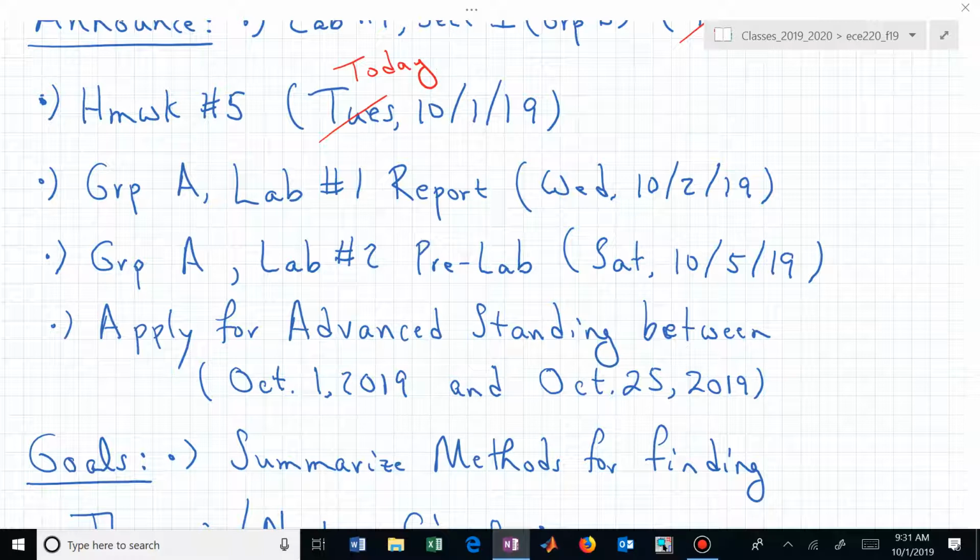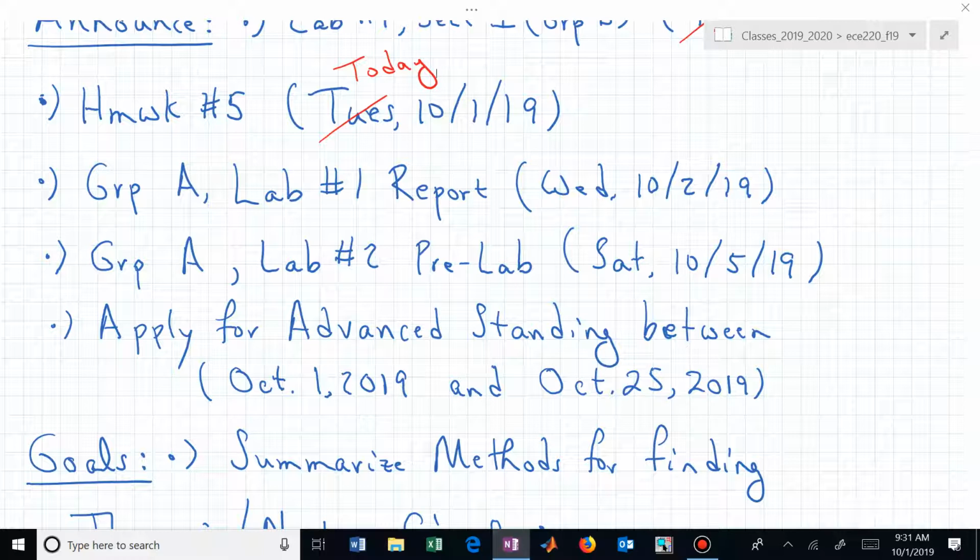I've also been told to remind you that if you are in electrical and computer engineering, you need to apply for advanced standing, and that is a narrow window of time that you can apply. You might check your emails, open them up, read them, and see what you need to do.